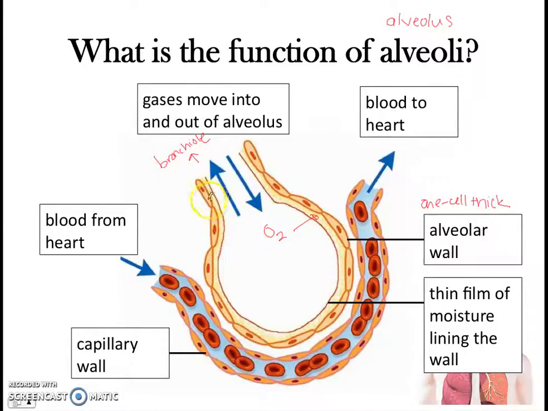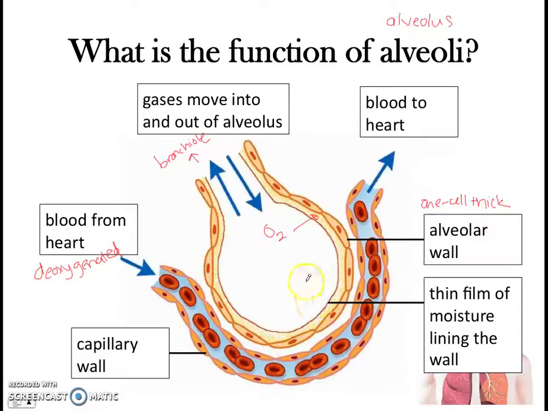Now again, you can see that there is a close association between the blood capillaries and the alveolus. So here's a blood capillary, and here's blood coming from the heart, which is deoxygenated. So the blood comes in from the heart, it goes past the alveolus.